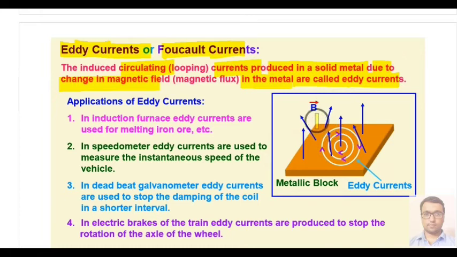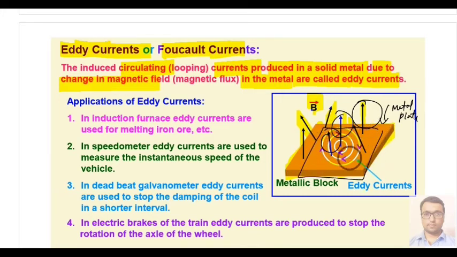It means to say, if your magnetic field B, which is denoted by these arrows, is changing in association with any given metal plate, like you can say that this is your metal plate actually, and if the magnetic flux related to this plate is changing, then some amount of current is generated on the surface of this body, and the direction of those currents is like eddy formation in water.